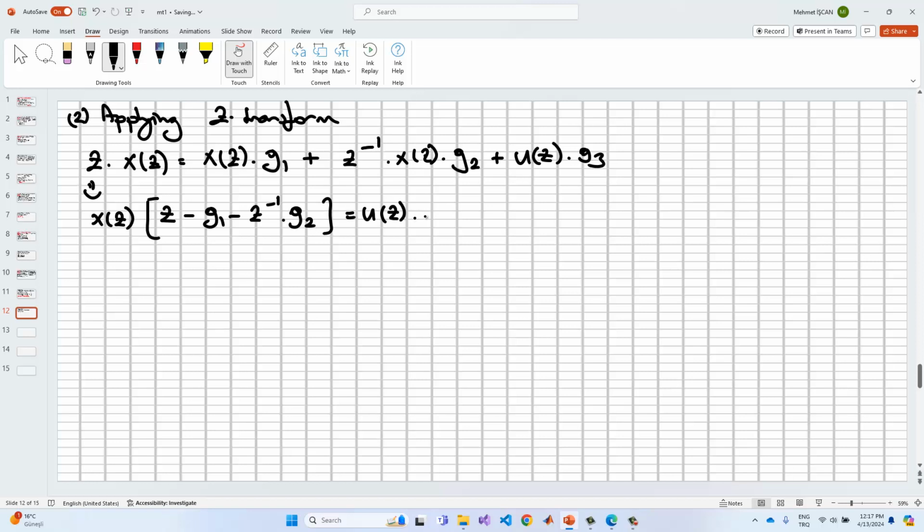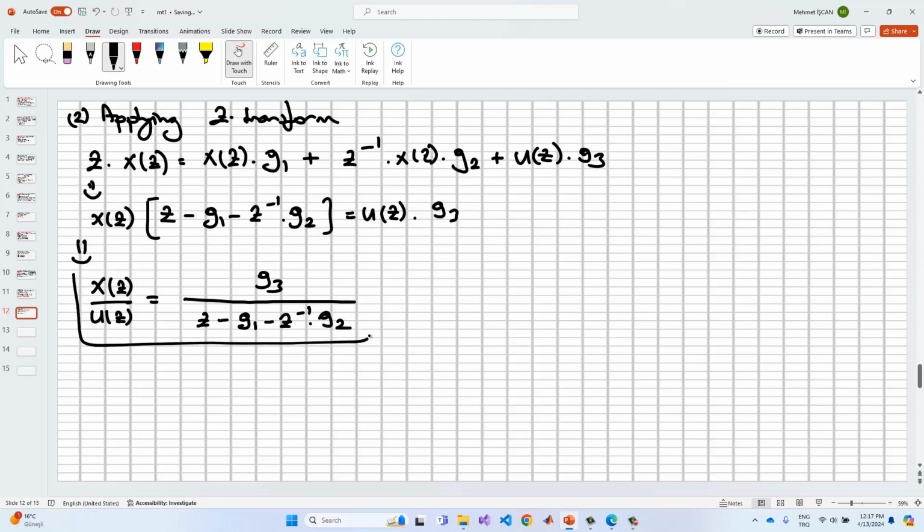The U(z) times g3. Okay, and so our pulse transfer function can be written as X(z) divided by U(z) equals g3 divided by z minus g1 minus z to the power minus 1 g2.